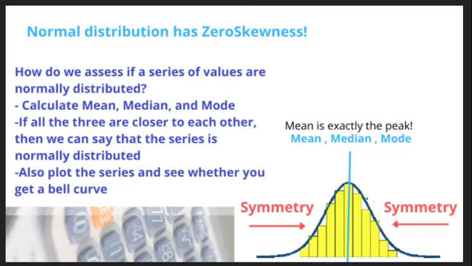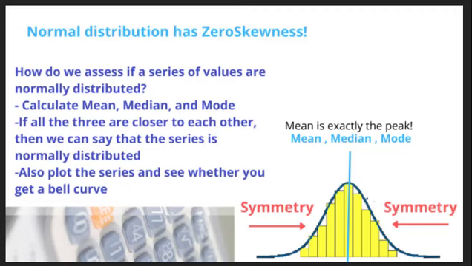And how do we assess if a distribution is normal? Simply calculate the mean, median, and mode. If all 3 are close to each other, then we can say it is normally distributed. Another way is to plot the distribution and see whether you get a bell curve.